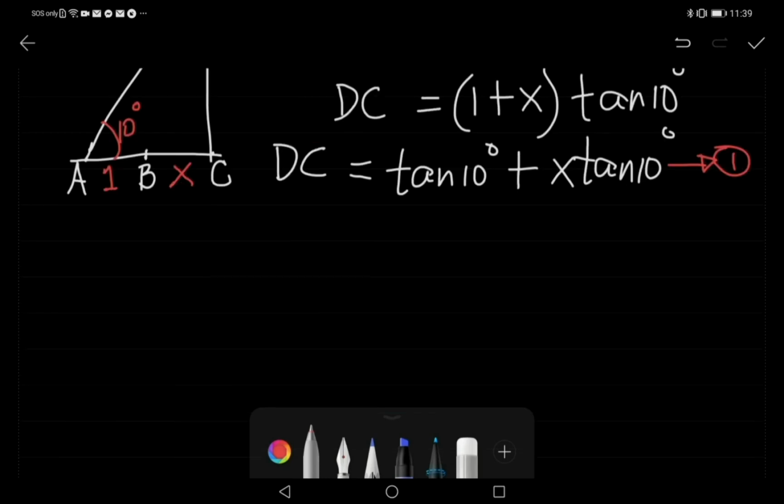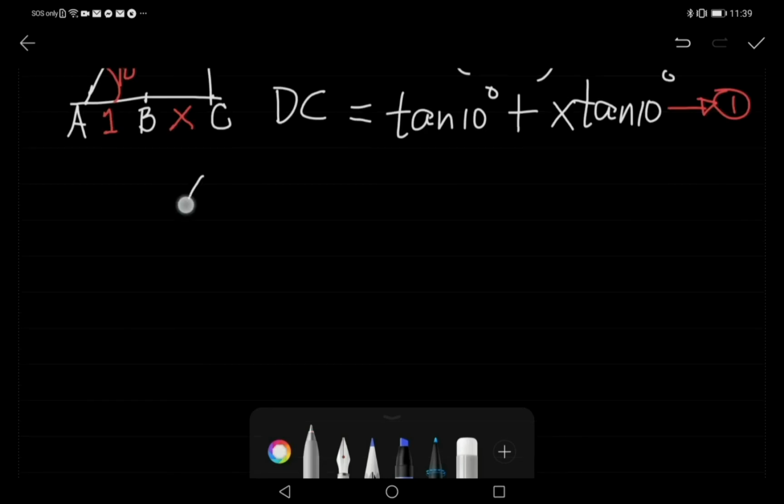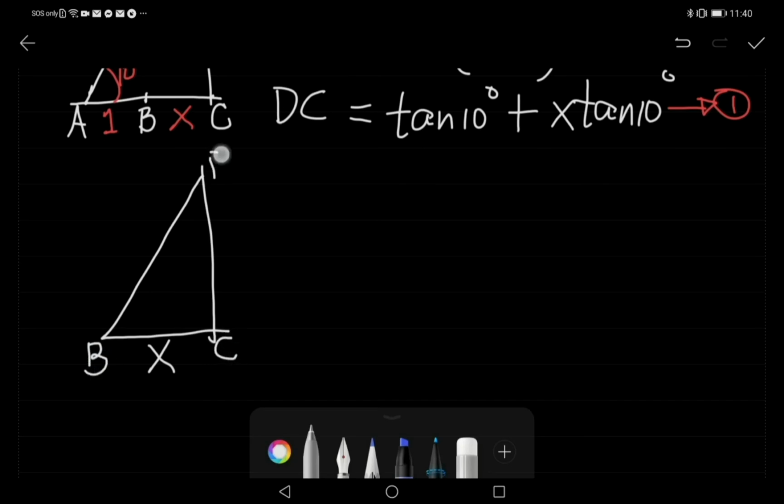And we will draw here the next triangle. So this is x, this is B, C, and D. And this angle is 15 degrees.